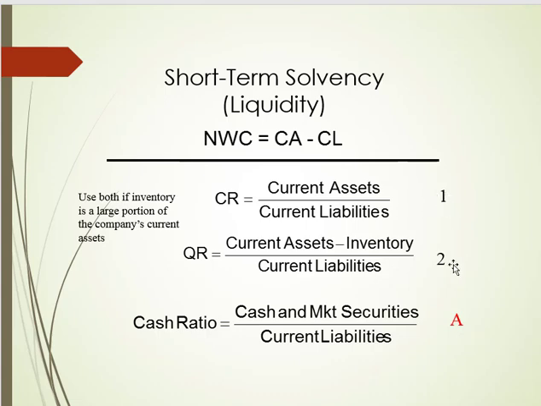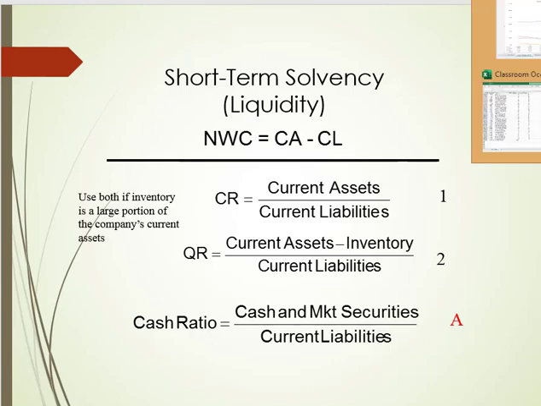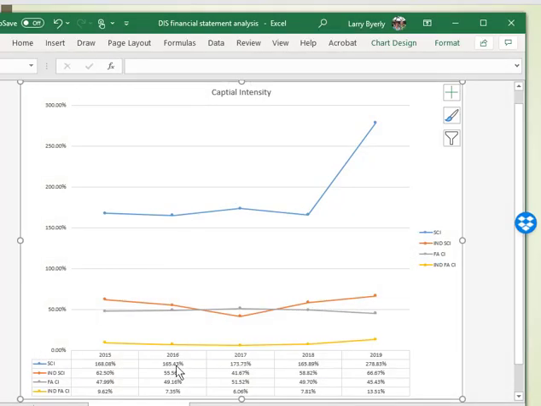So if there is a number, what that means is that there is a ratio in the industry ratio worksheet, I'll show this to you in a second, that has industry data. If it has a letter A, that means that there's no industry number that you can use for that particular ratio. So let's look real quick at what I'm speaking about here. So here is our ratio analysis.